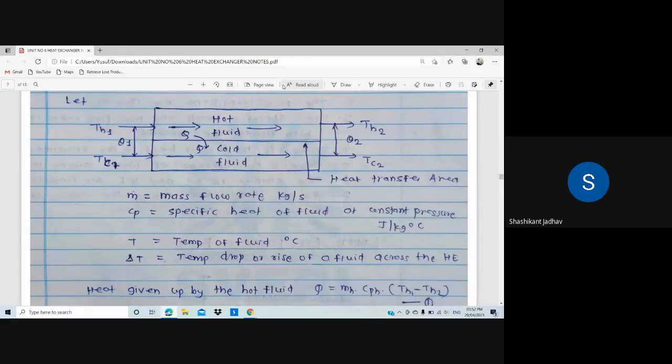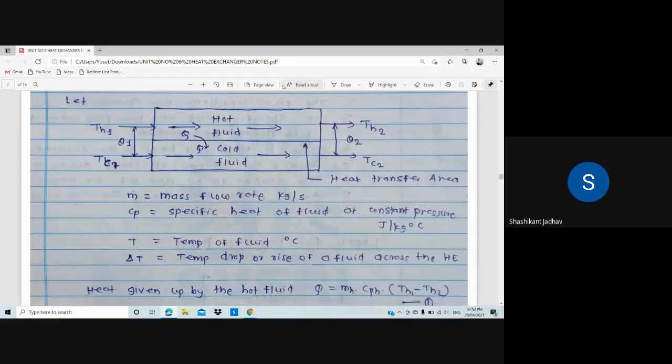In one pipe hot fluid is moving and in another pipe cold fluid is moving, and because of this heat transfer takes place, so the temperature of the hot fluid reduces and the temperature of the cold fluid increases. Okay, so all of you draw this diagram.